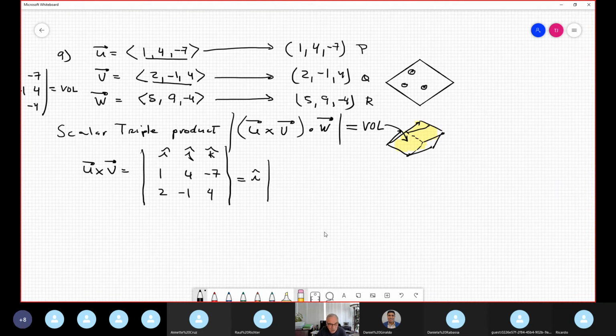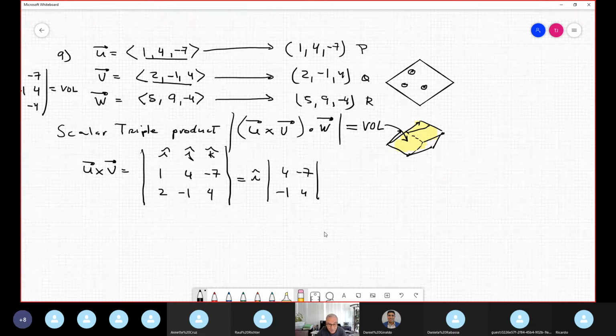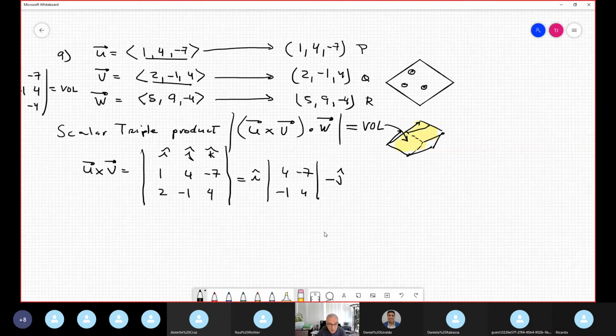You mentally delete the row that contains I and the column that contains I, and stay alive -7, -1, and 4. The second cofactor is always negative. So the first is positive, the second is negative, and the third is positive. So, for the J term, you delete mentally the second column on the first row, and stay alive 1, -7, 2, 4.